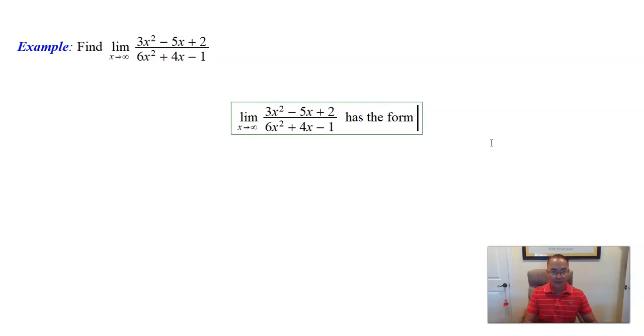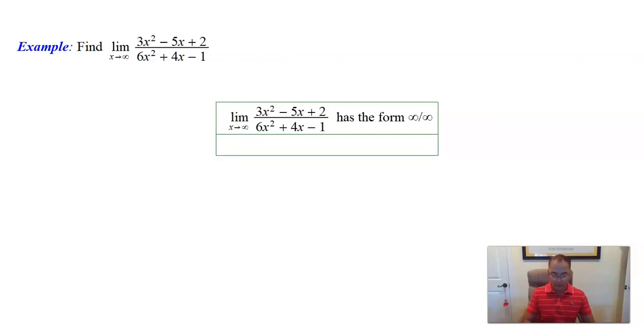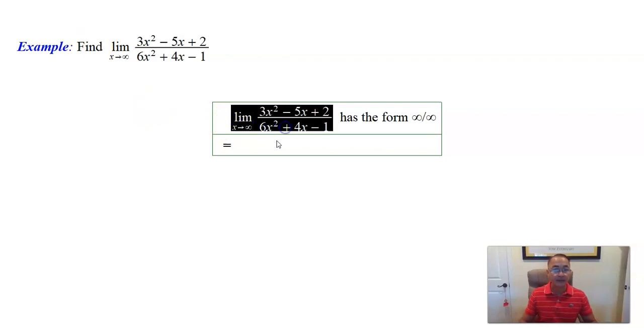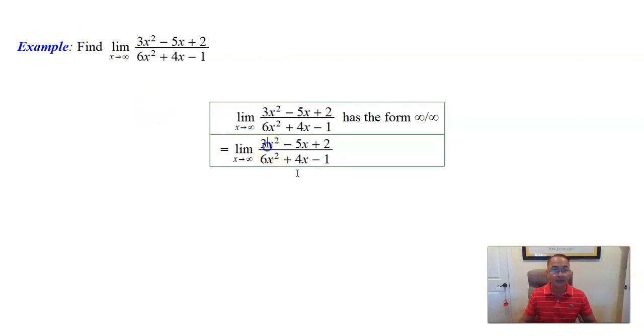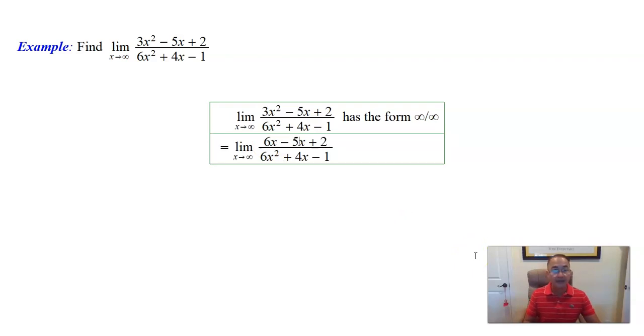So we can apply L'Hopital's rule. And these are just polynomials, so what could be easier? The derivative is 6x minus 5 over 12x plus 4.